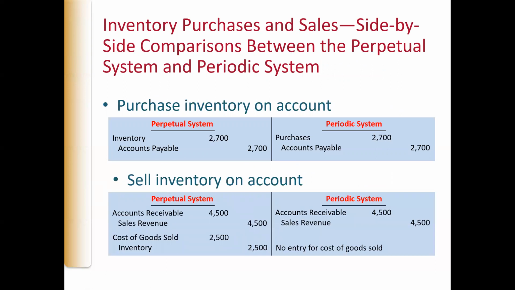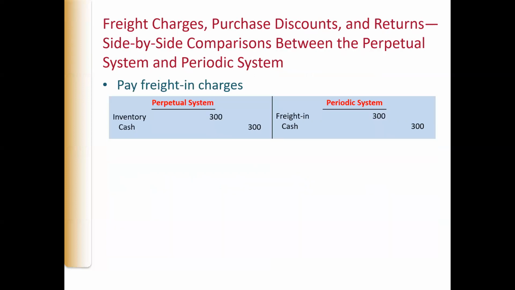When we sell items, we don't show the reduction of inventory and the increase of cost of goods sold. We deal with that at the end. We only show the accounts receivable and the revenue. Then on freight charges, instead of increasing the inventory, we debit freight in.